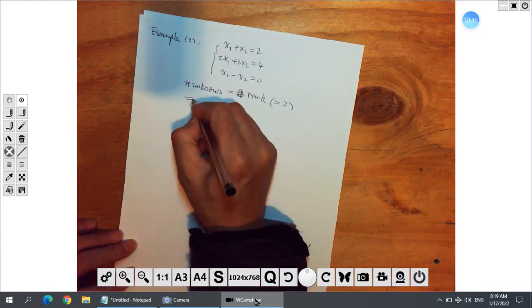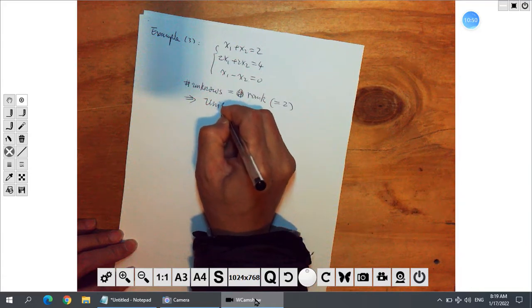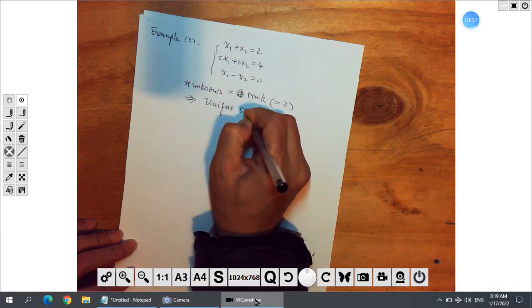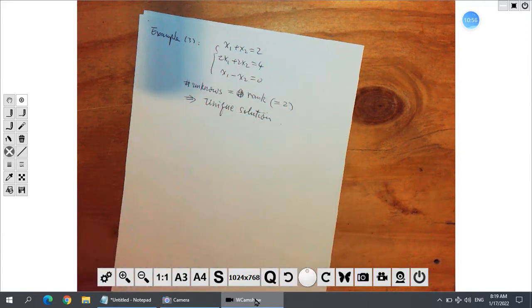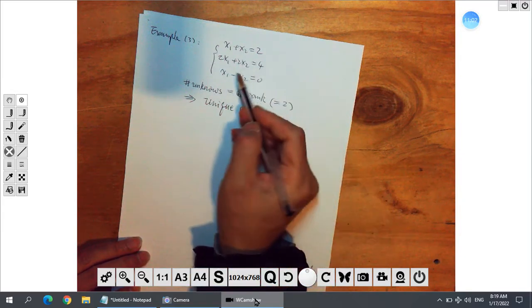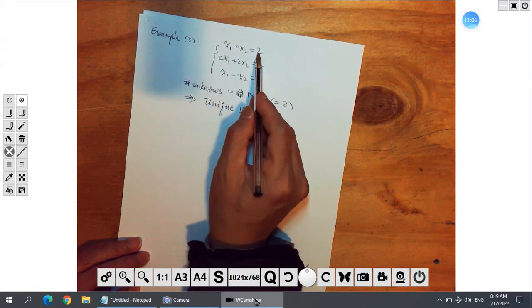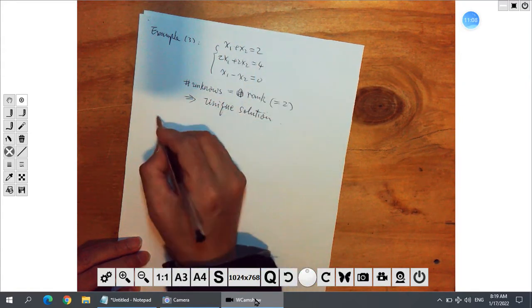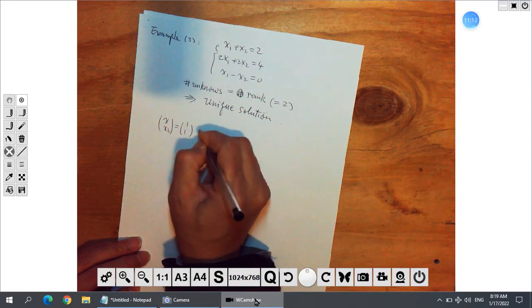Now in this case we have a unique solution. And this one we can solve just by observation, right? x1 equals x2 by the last equation, and the summation should be 2, so x1 and x2 are both 1. (1, 1) is the solution.